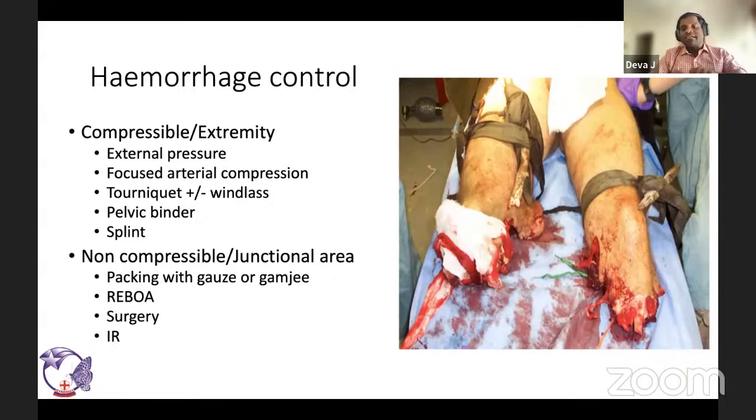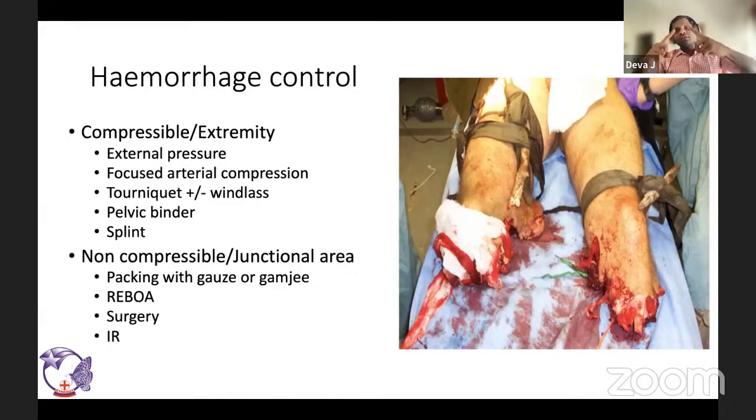You tie it tightly round the limb and you tie the clothing to the wooden stick, make a knot, and then you start rotating the wooden stick until the tourniquet is tight enough, and then you tie the cloth again.